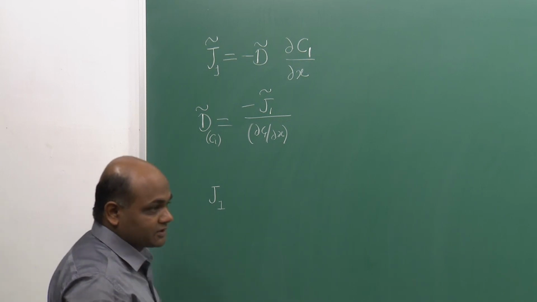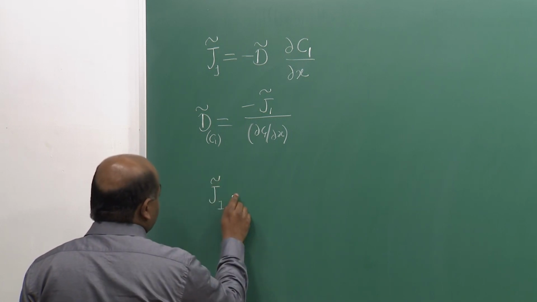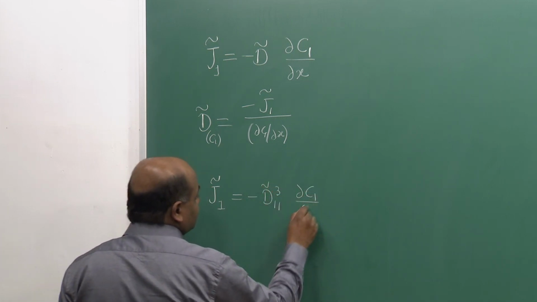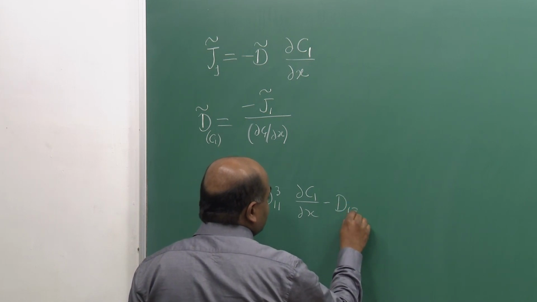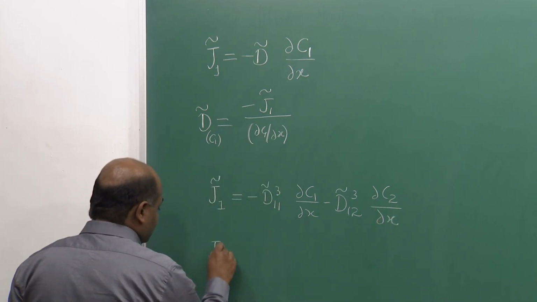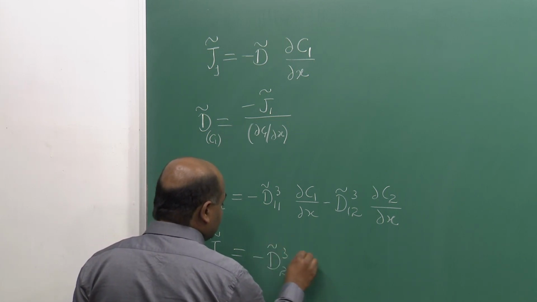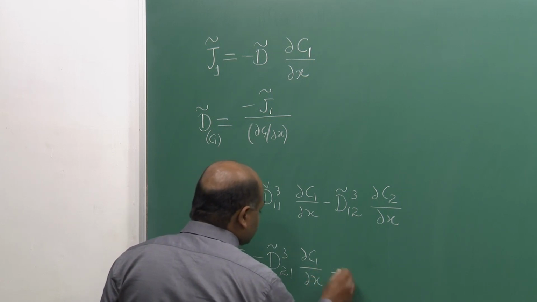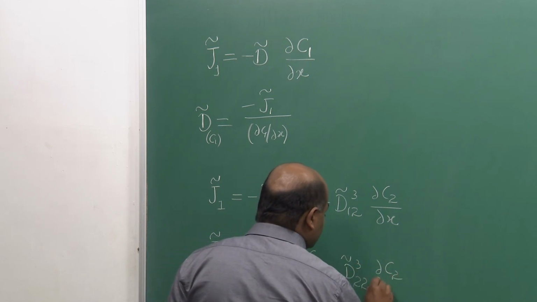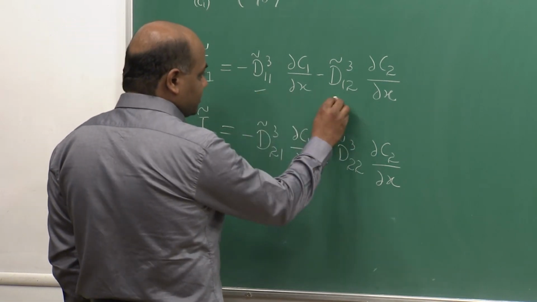So, if we consider the system, let us say 1, 2, 3, and if we treat 3 as the dependent component, we can write J1 tilde equal to minus D11 tilde 3 dC1 by dx minus D12 tilde 3 dC2 by dx, and the second independent flux J2 tilde is equal to minus D21 tilde 3 dC1 by dx minus D22 tilde 3 dC2 by dx. We have 4 interdiffusion coefficients.